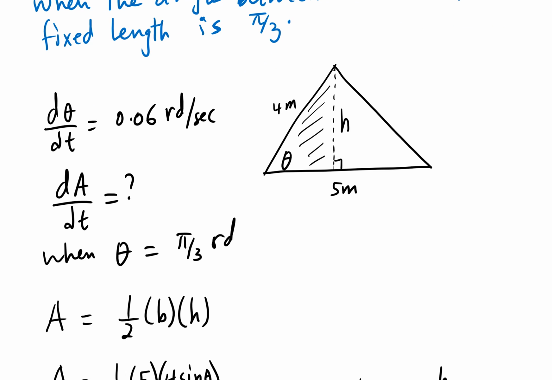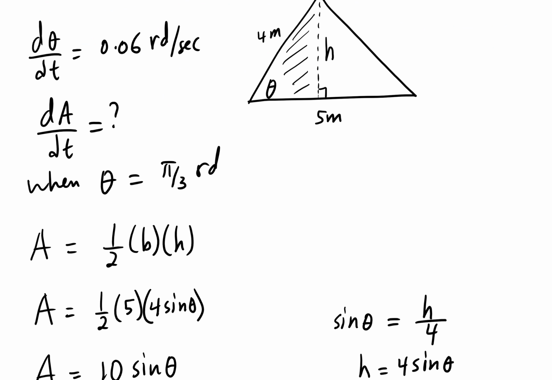Well, if you use sine theta, since you want to get theta involved because d theta/dt is given. Sine theta is the opposite over the hypotenuse. So then the height is 4 sine theta.